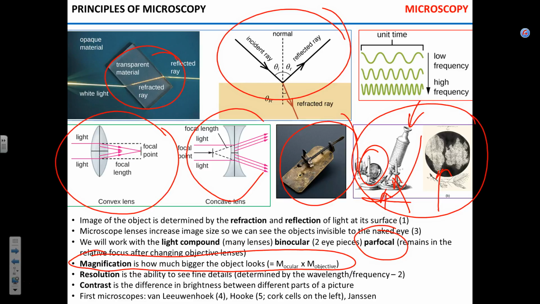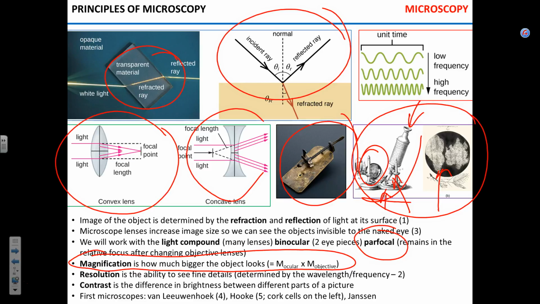So resolution in microscope depends mostly on the wavelength. Light, of course, more light surprisingly usually means less resolution, less contrast. Okay, we'll get to contrast. Resolution again depends on the wavelength.